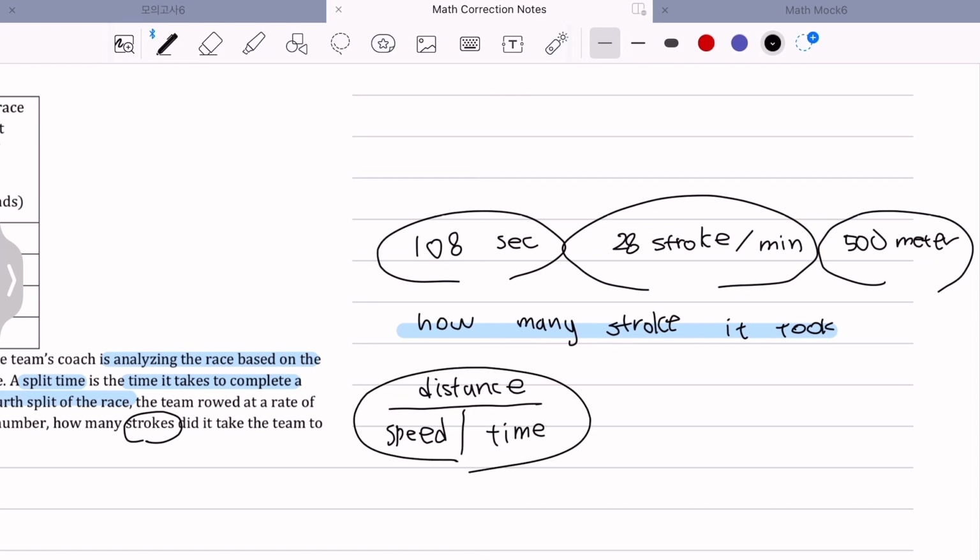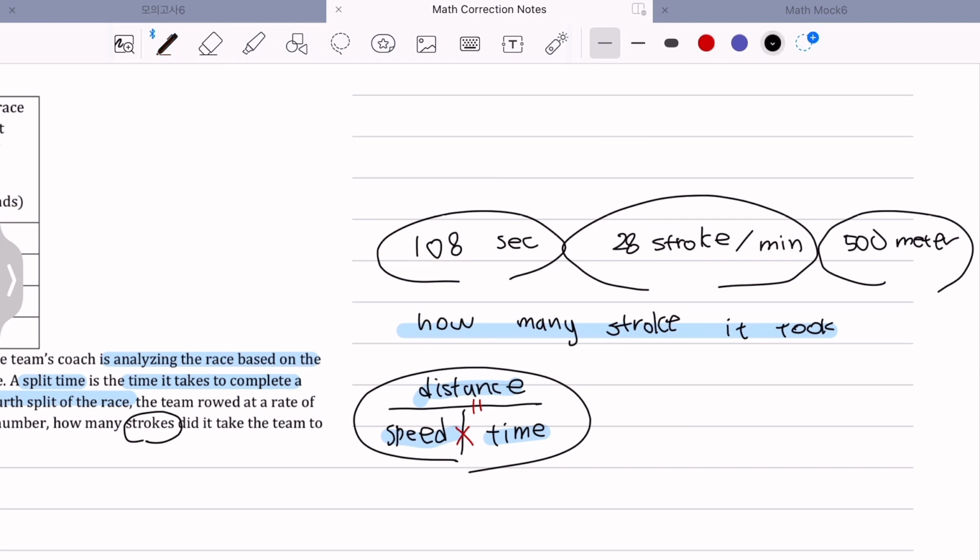When you're solving this kind of question that shows information about distance, speed, or time, you can use this formula, which means speed times time is distance, and distance over time is speed, and distance over speed is time.